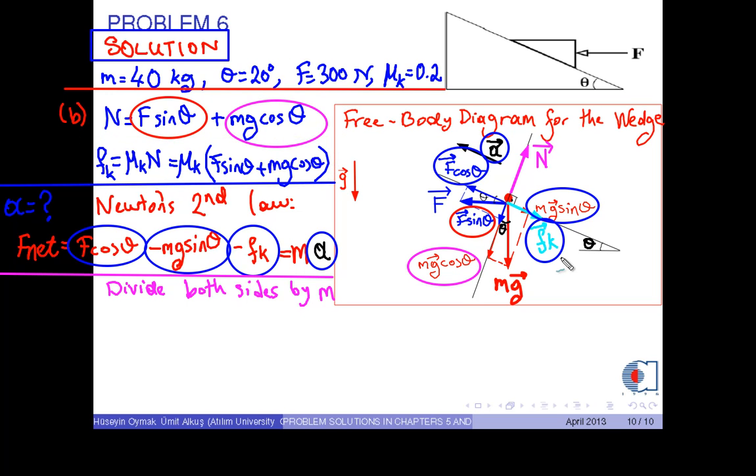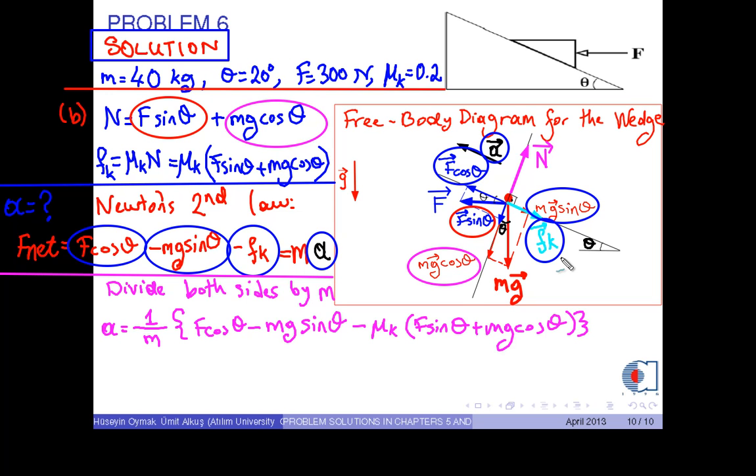Then we obtain A equals 1 over m times F times cosine theta minus m times g times sine theta minus mu k times F times sine theta plus m times g times cosine theta.